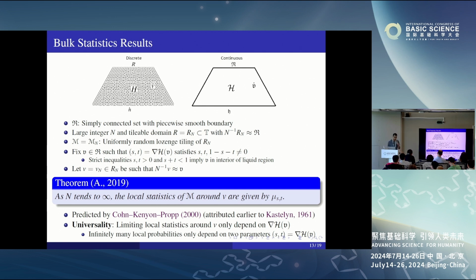In this form, this was predicted by Cohn, Kenyon, and Propp in 2000, although they attributed a prediction of this nature to the earlier physics work of Kasteleyn in the early 1960s.